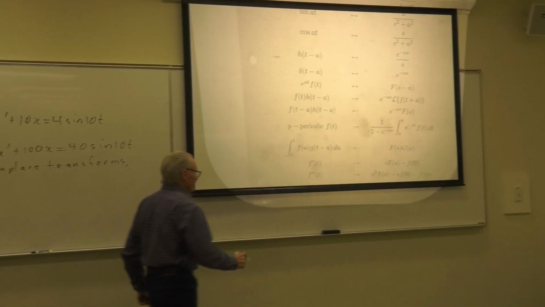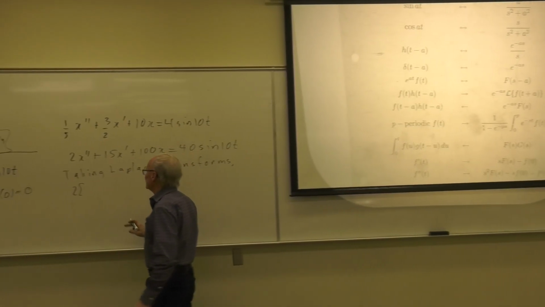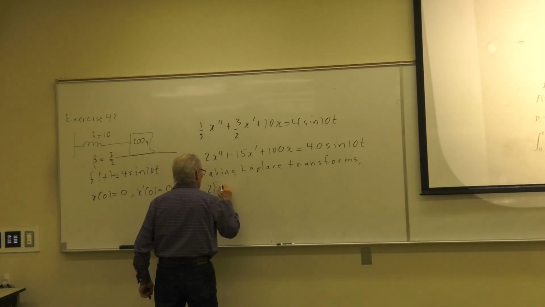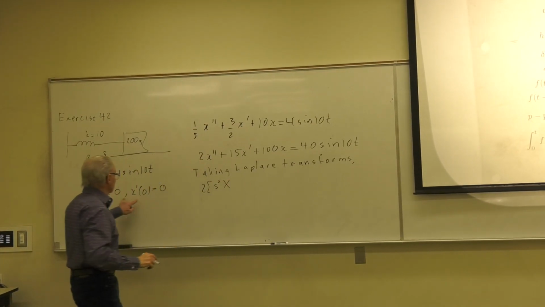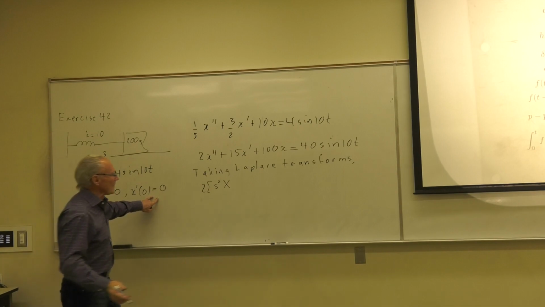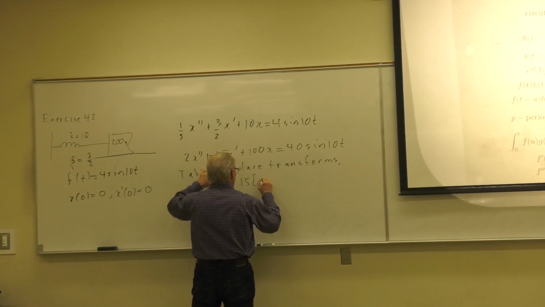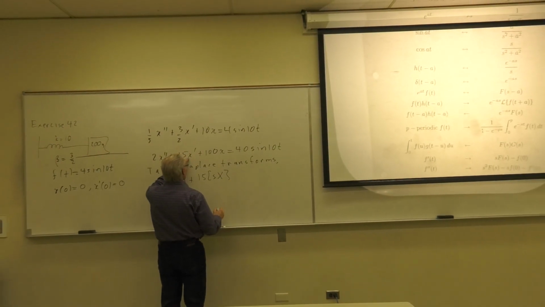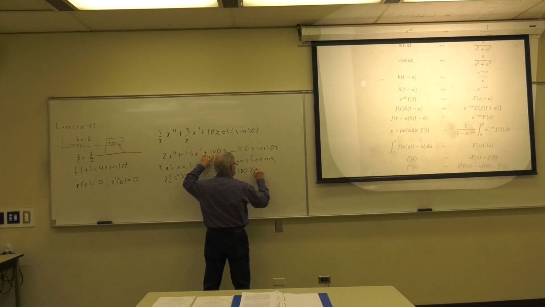So if I use the bottom line to take the Laplace transform of this x double prime, we would get s squared big X, and since our initial conditions are zero, we don't need them. Then we will have 15sX for the Laplace transform of this one, and 100X equal to this one.